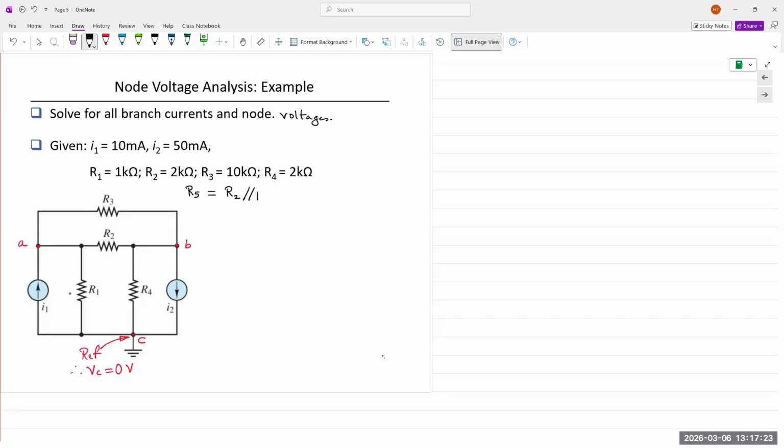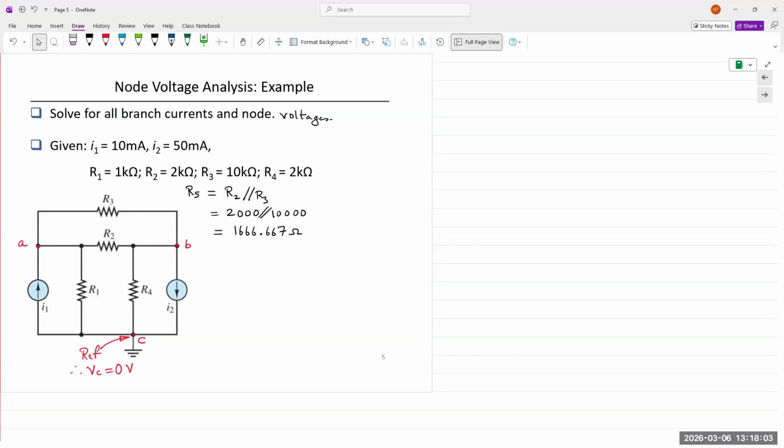R5 is the combination of R2 and R3 in parallel, which is 2K in parallel with 10K, sorry. And the answer for that is, of course, the product of the 2 divided by the sum of the 2, which comes out to be 1666.667 ohms. We can reduce the number of resistors, thus we can reduce the number of equations.